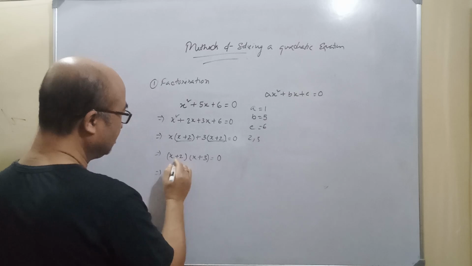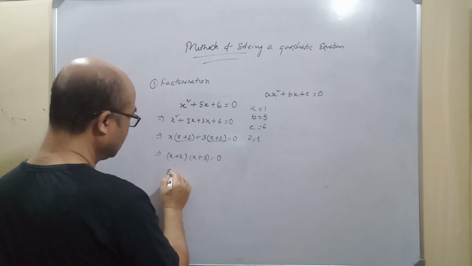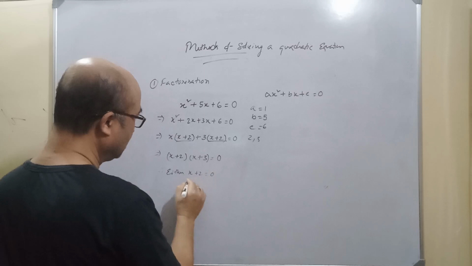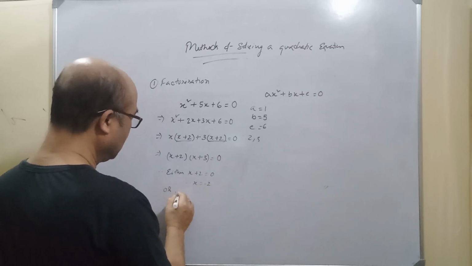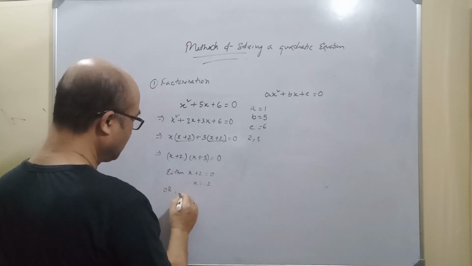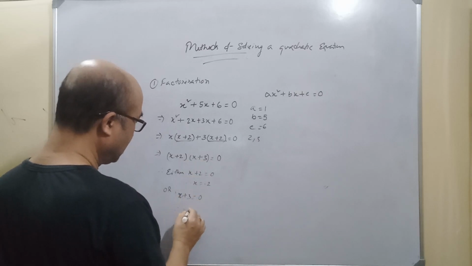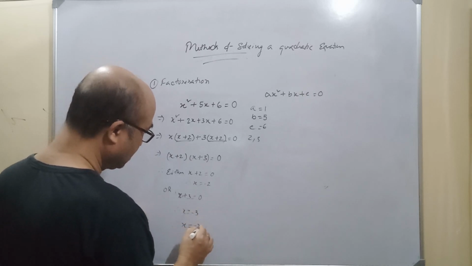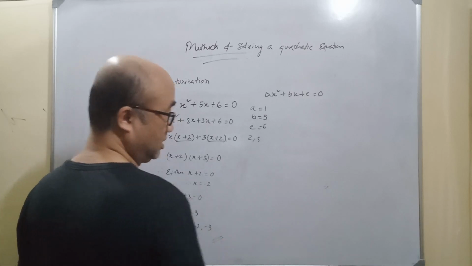So we get either x plus 2 equal to 0, hence x is equal to minus 2, or x plus 3 is equal to 0, hence x is equal to minus 3. Hence x has two values, minus 2 and minus 3. So this is your answer.